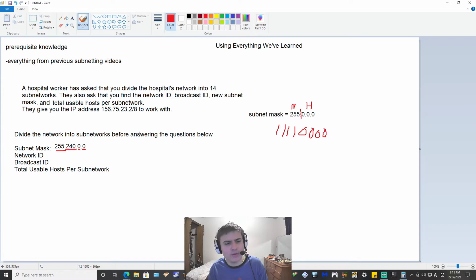So in order to know what 240 is, we have to write out our original second octet right here in binary. So we have to write out 75 in binary. And then we have to write out the binary for the second octet here, which is 240. And then we have to do our addition problem. And I covered that in the last video. So please watch that video if you would like to understand.